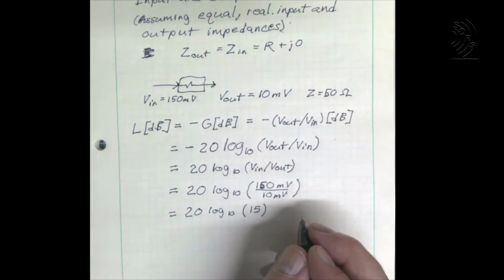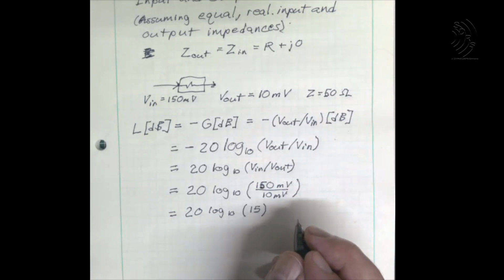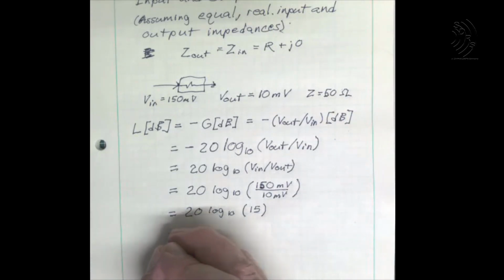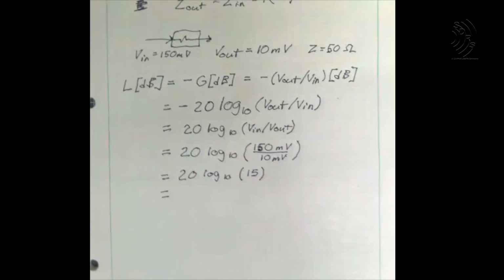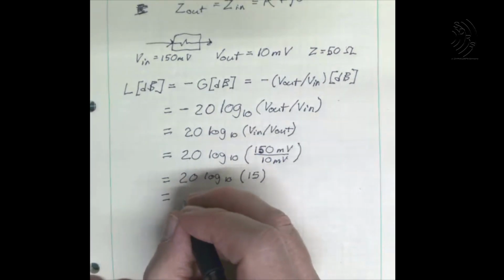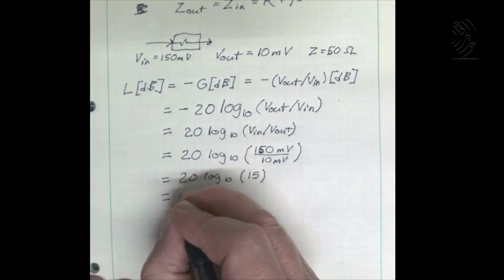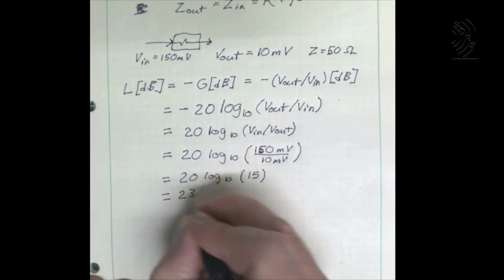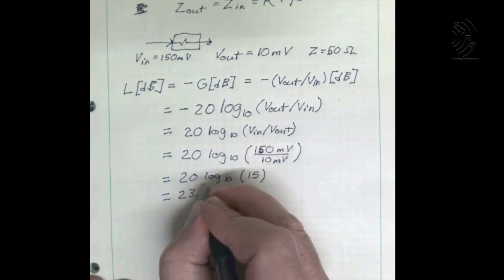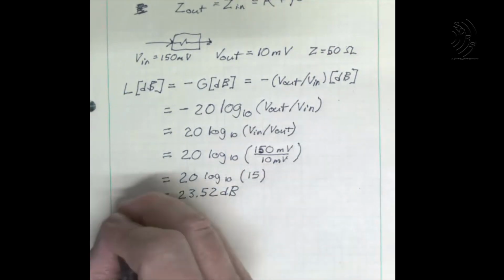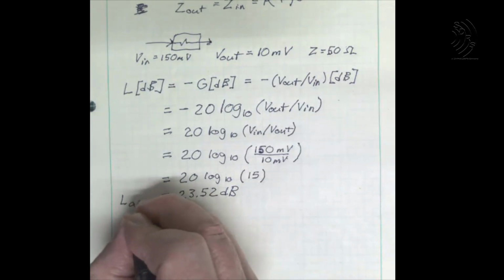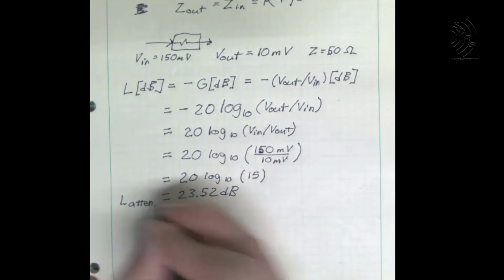And that gives us 23.52 dB. And that's the loss due to the attenuator.